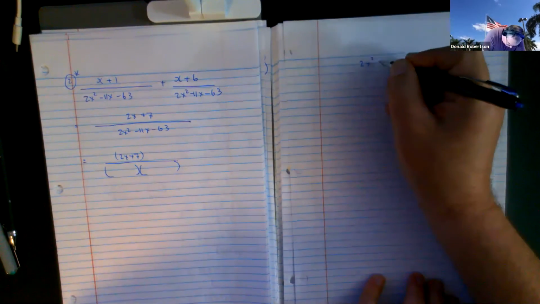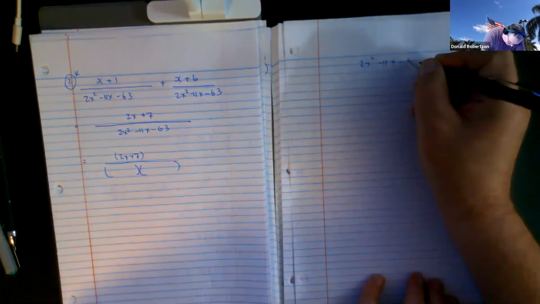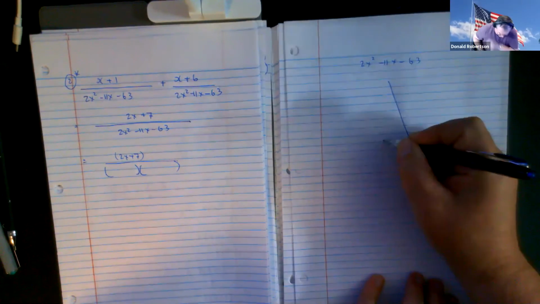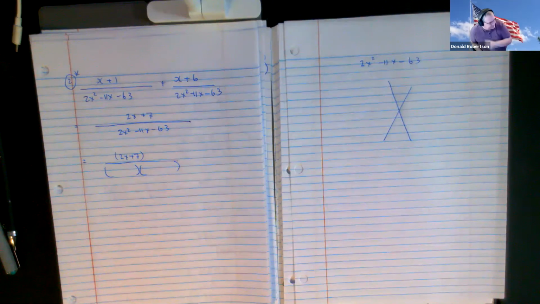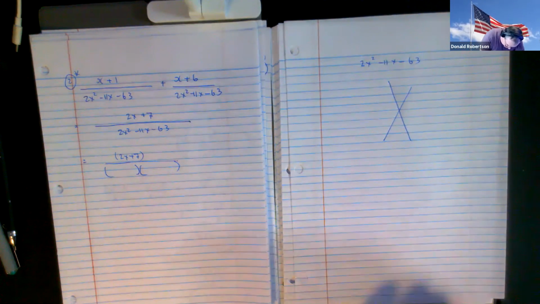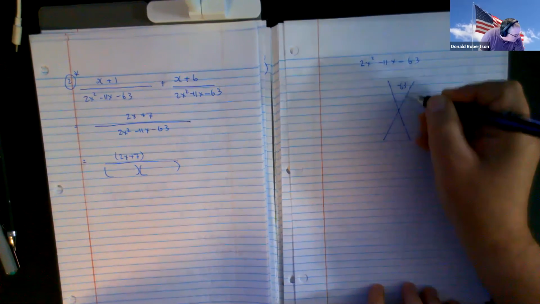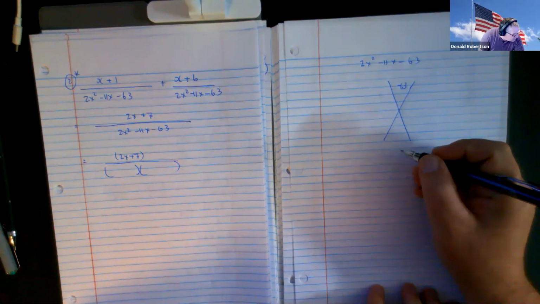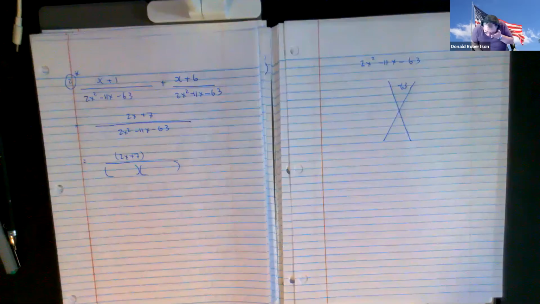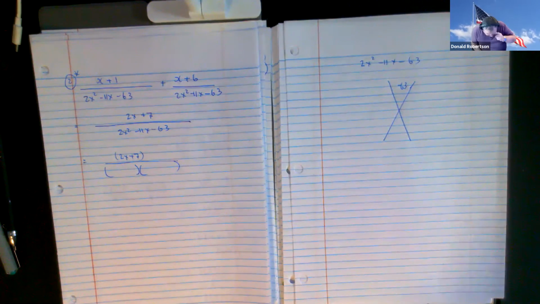2x squared, take away 11x, take away 63, that magic cross method, right? So on the top, negative 63. What goes on the bottom?